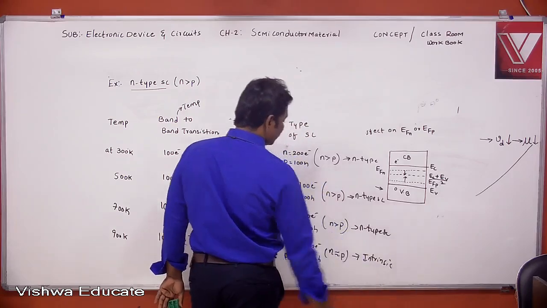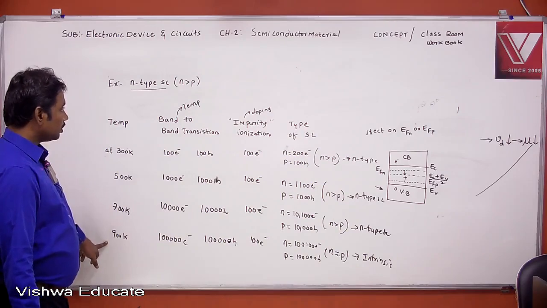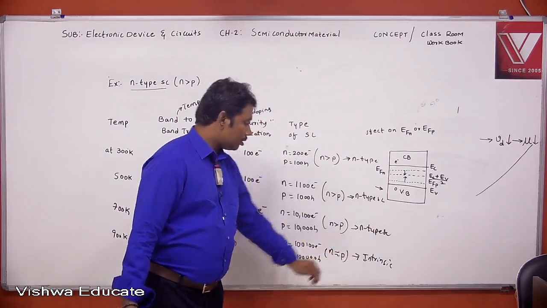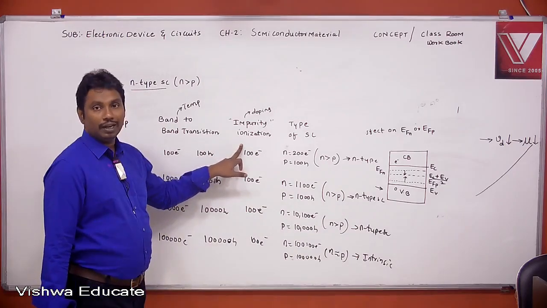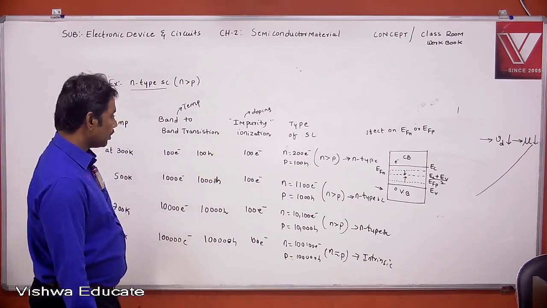Intrinsic semiconductor. That means what is the conclusion here? At very high temperature, the extrinsic semiconductor becomes what? Actually intrinsic, because the band to band transition will dominate impurity ionization, right? Very important point. Copy this one.